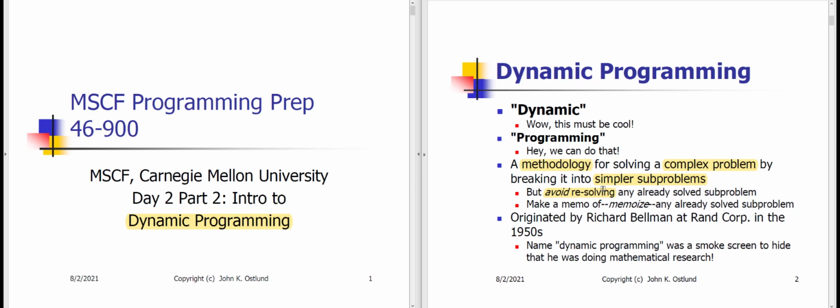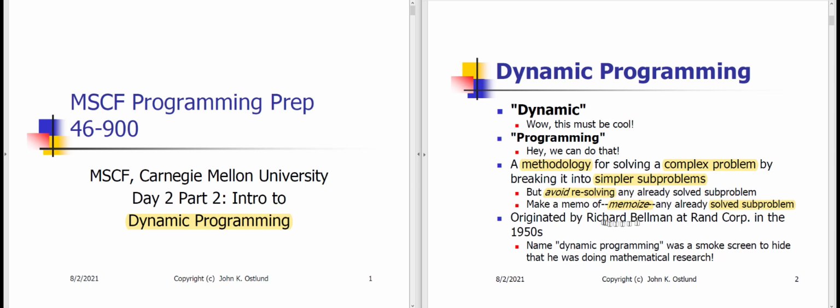And we do this by what's called memoizing solutions that we've already computed. Memoizing is not a misspelling. The idea is that we're going to create a memo of each simple subproblem that we've already solved.